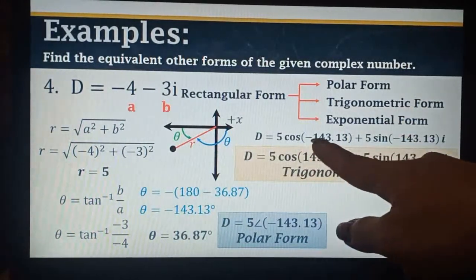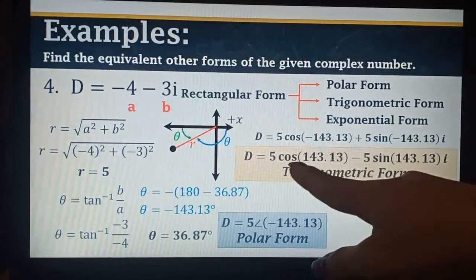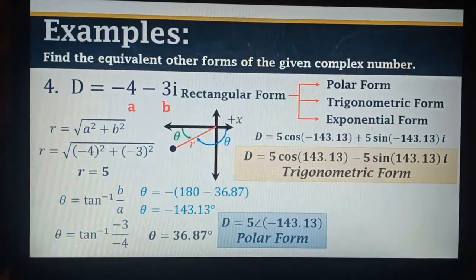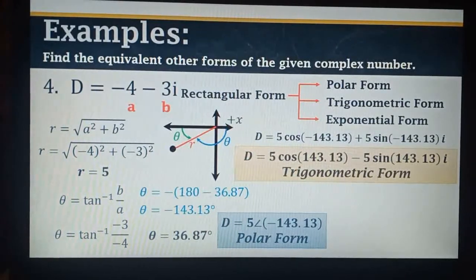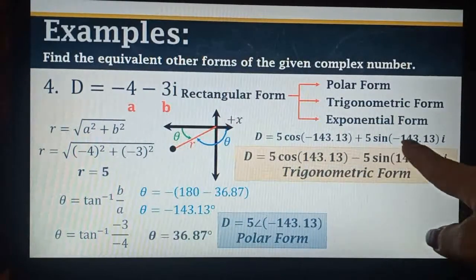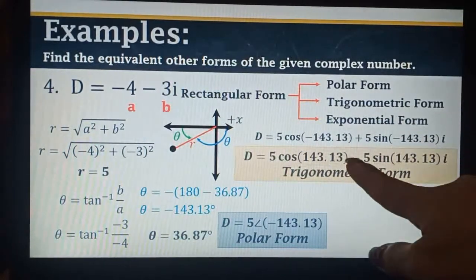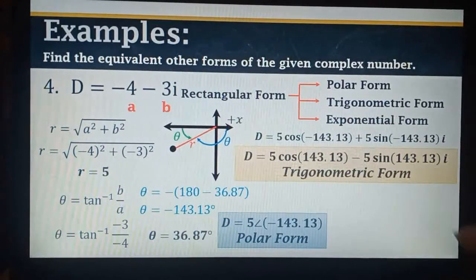Cosine of the negative angle is also cosine of the positive angle, so it can be rewritten as 5 cosine of 143.13. But sine of the negative angle is equal to the negative sine of the positive angle.